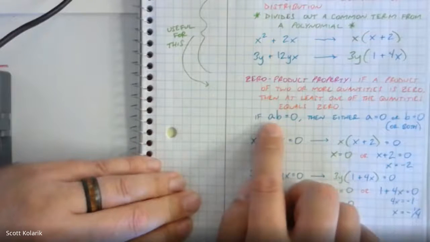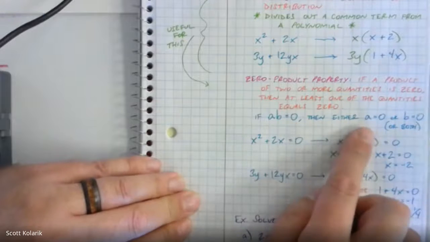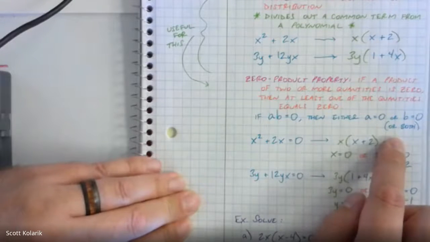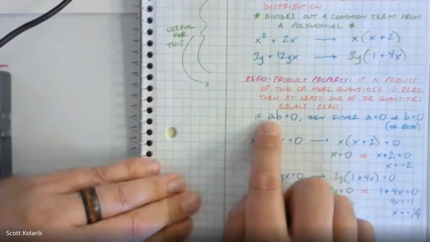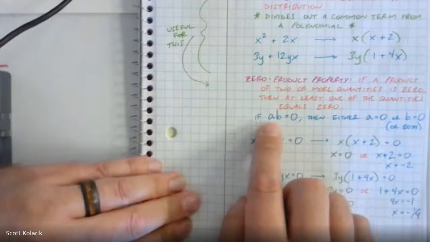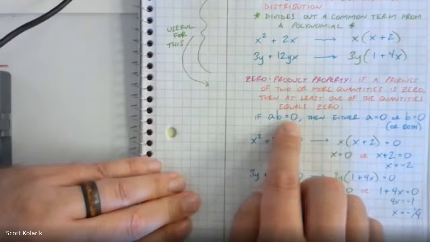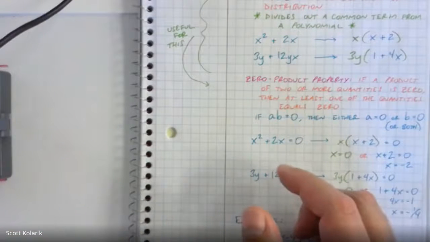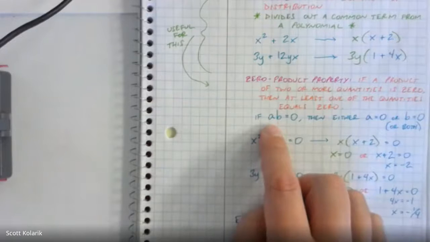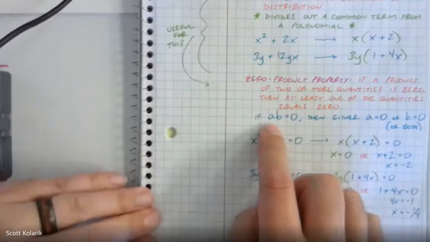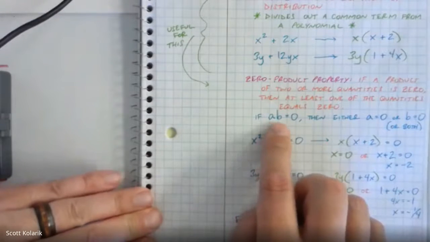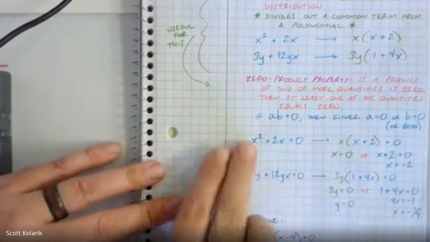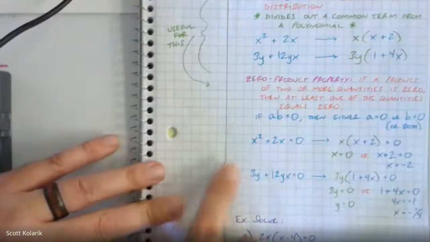So in this phrase, if a times b is 0, then either a has to equal 0 or b has to equal 0 or even both. But one of them has to be 0. The only 2 numbers I can multiply to make 0 is 0, and then the other number could be anything. I can't multiply any 2 other numbers together to get 0. That's impossible. Okay?